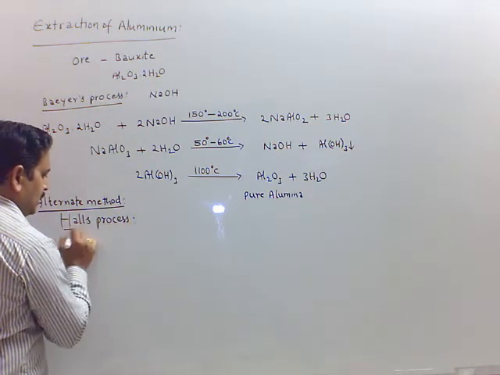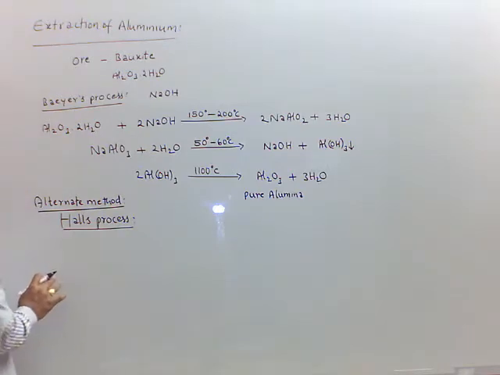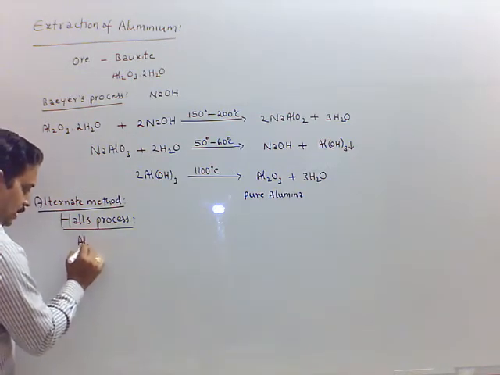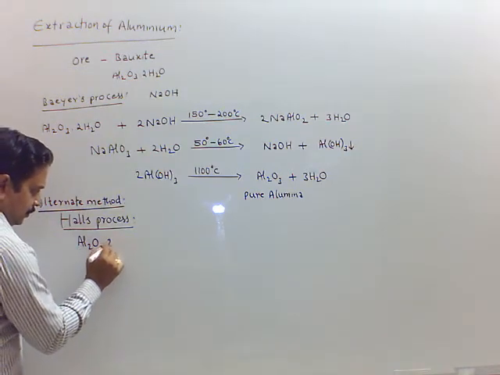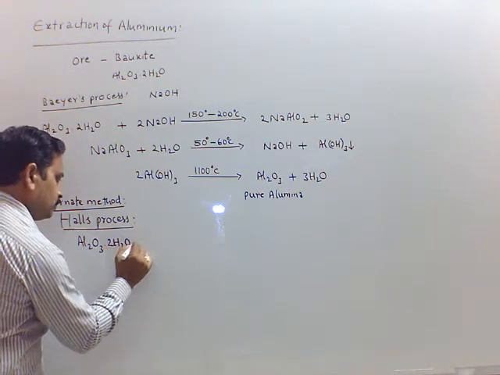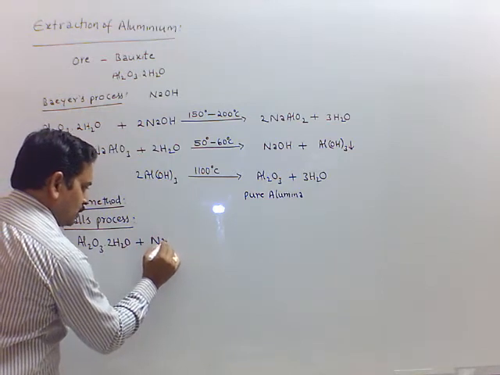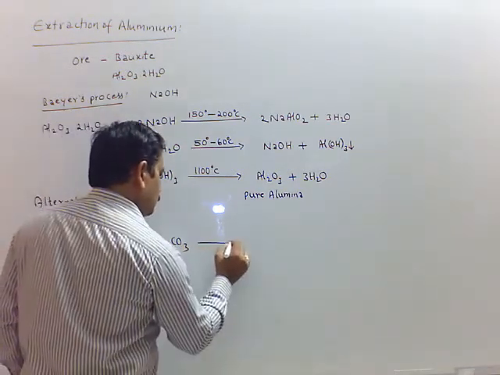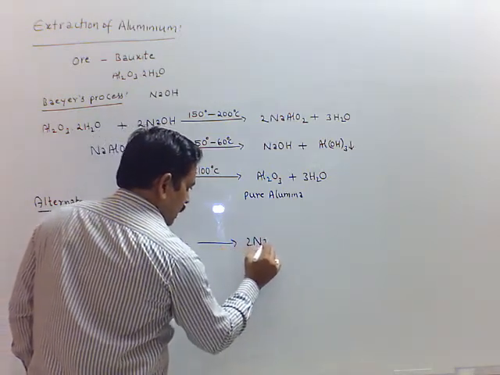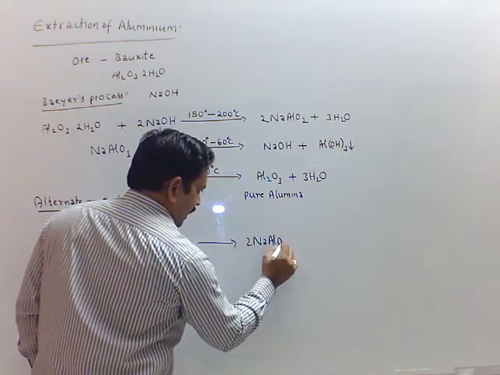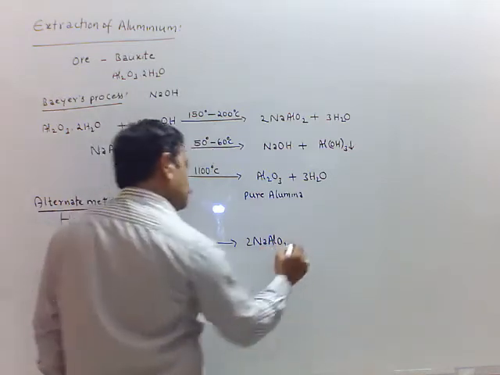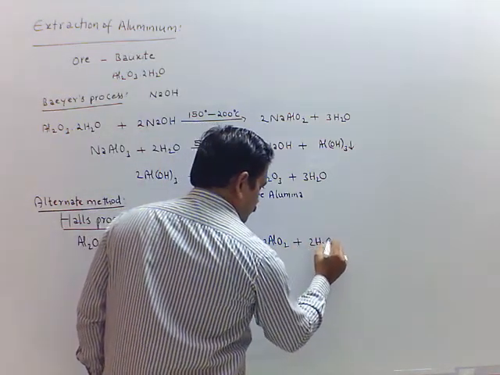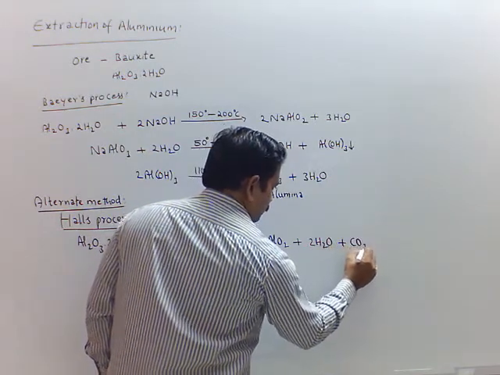In Hall's process, we are heating the bauxite with sodium carbonate. Bauxite Al2O3·2H2O heated with sodium carbonate gives sodium aluminate NaAlO2 and 2H2O plus CO2.